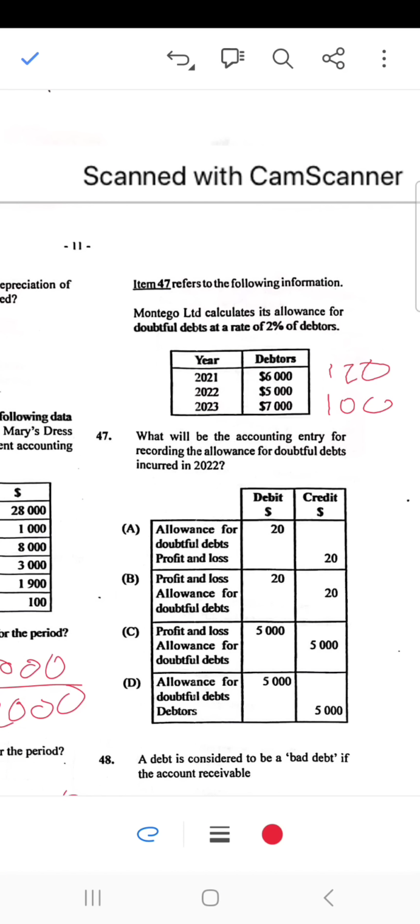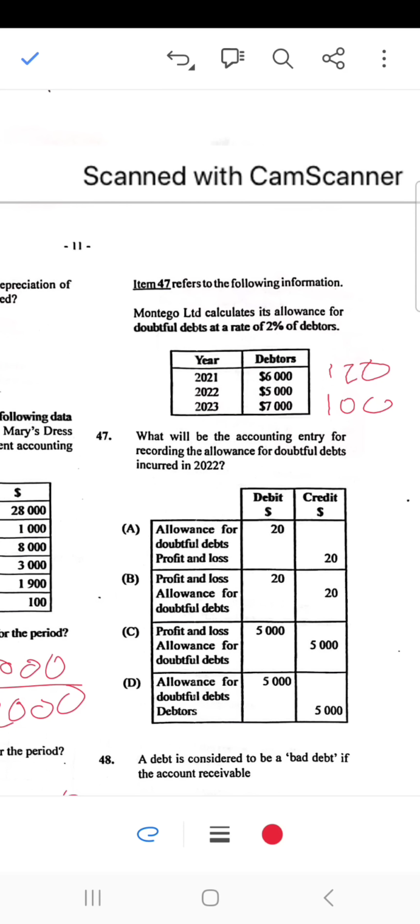For our provision for doubtful debts, we always record the change in provision. If it's increasing, the amount it increased by is credited in a provision for doubtful debts account and then debited in the income statement, so it's recorded as an expense.